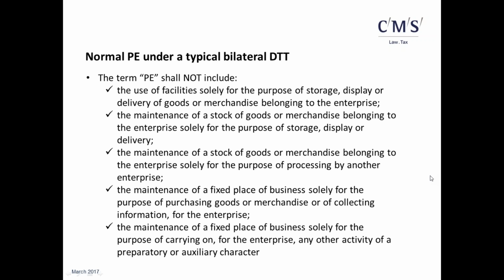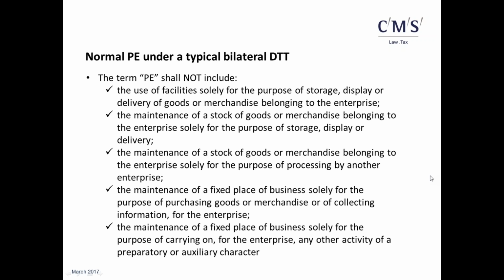For example, if a foreign enterprise leases a warehouse in China just for the purpose of storing some goods imported from the foreign enterprise, and they will use these imported goods to sell in China.